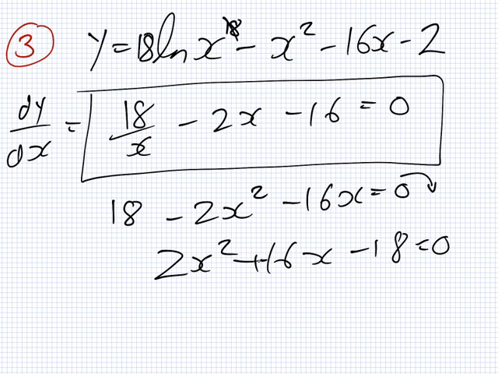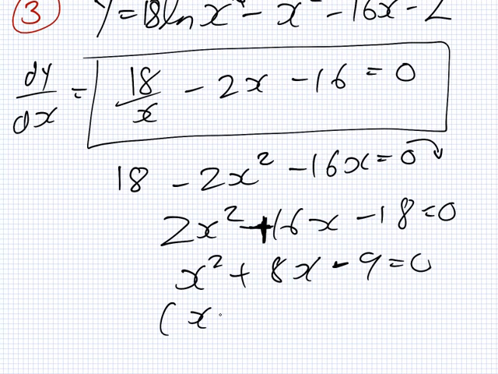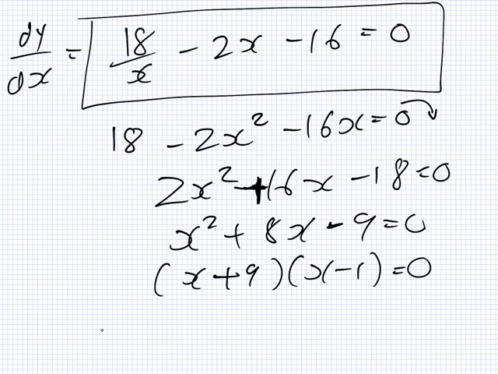So, I lost track. That's a plus, isn't it? Yeah. So now I have x squared plus 8x minus 9, which has factors 9 and 1. Plus 9 minus 1. So you get x equals 1 or minus 9.